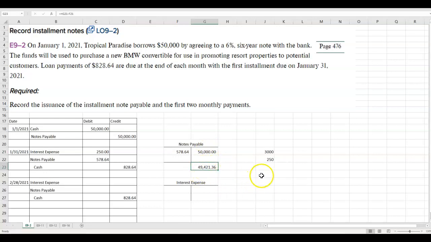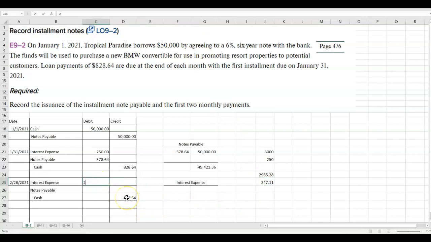Now they can't still charge you interest on the $50,000 because you don't owe $50,000 anymore. You only owe $49,000. So we're going to take this $49,421.36 times 6%, and we're going to divide that by 12. So our interest is $247.11.